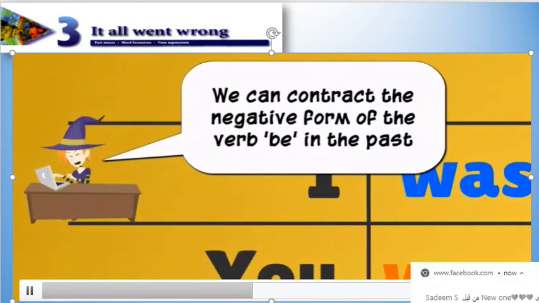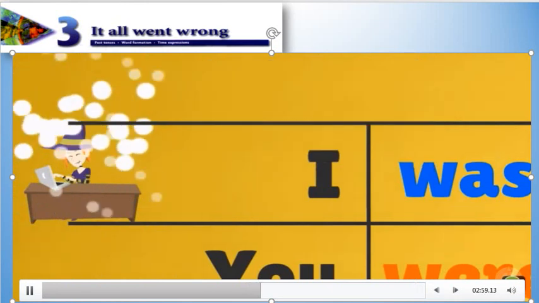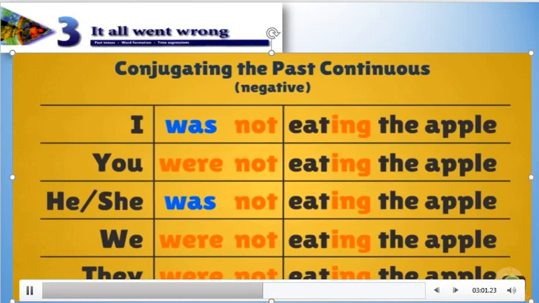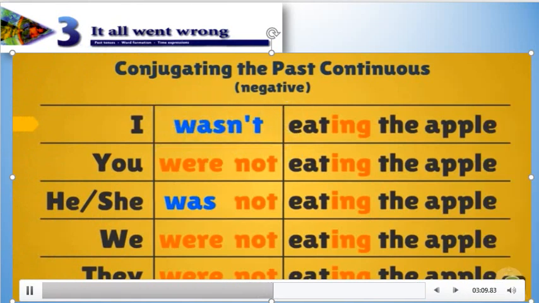We can contract the negative form of the verb be in the past. I was not, I wasn't. You were not, you weren't.